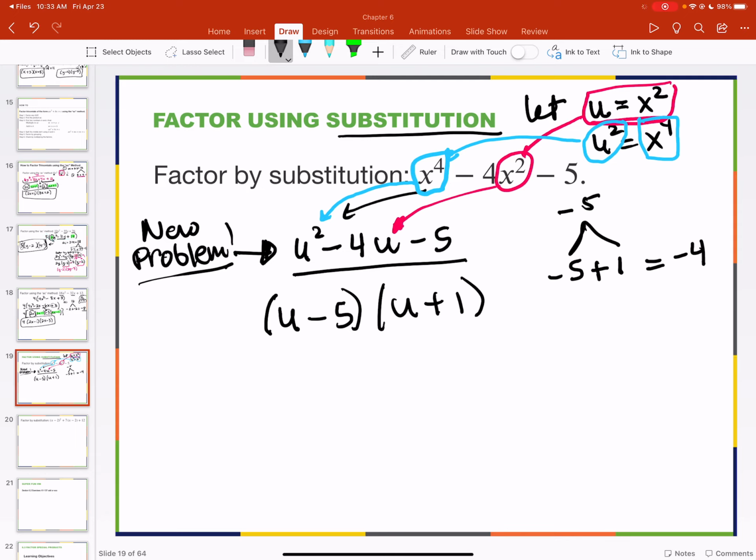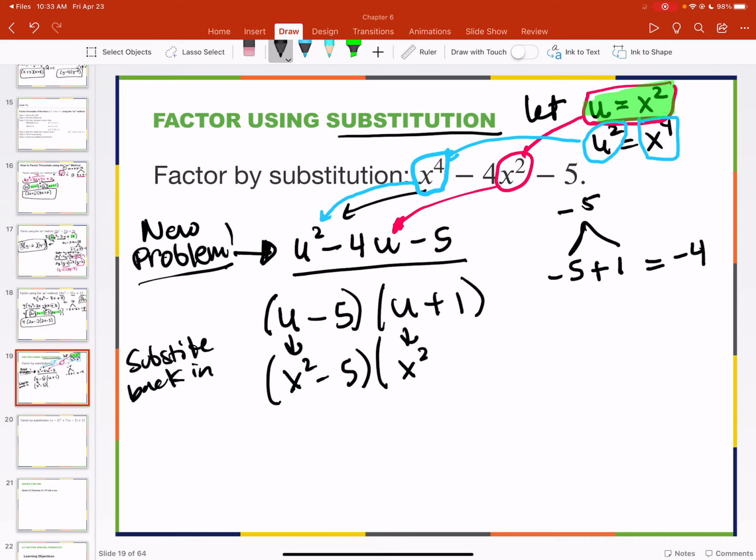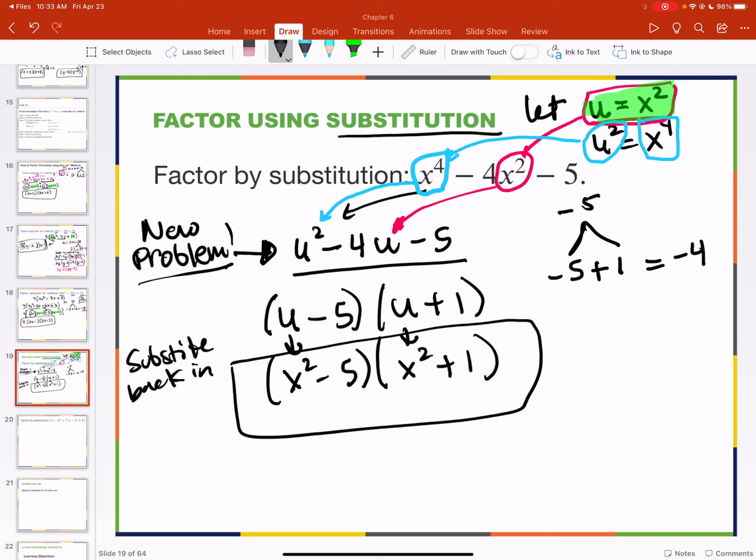Now, remember, what was u initially? u was x squared. So the final piece of the puzzle would be to substitute back. Instead of u, I'm going to write x squared minus 5, x squared plus 1, and that's it. Okay, so that's my final answer.